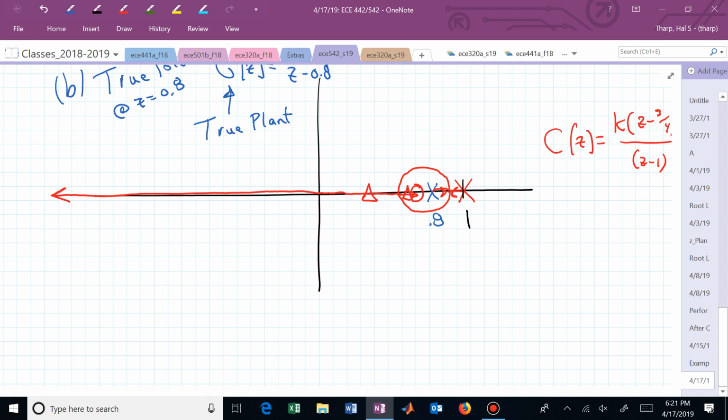We have a little bit more of an issue, but it's still going to probably be okay. But that's why you need to have a reasonable understanding of your actual system when you're doing the controller design. But here, if we are inaccurate by this amount, 0.5 in either direction, we're in pretty good shape.